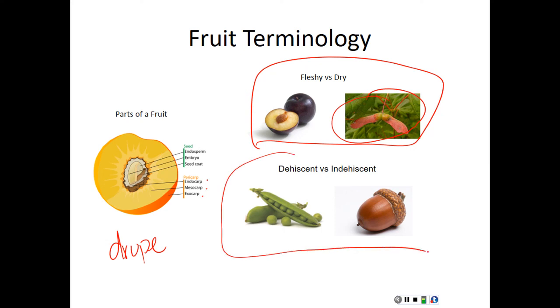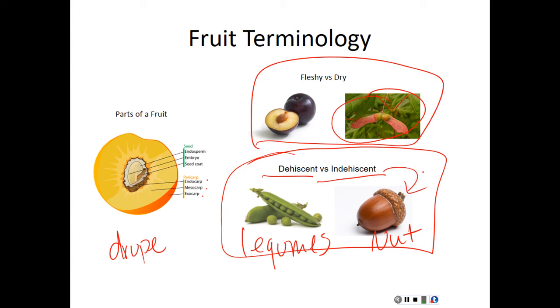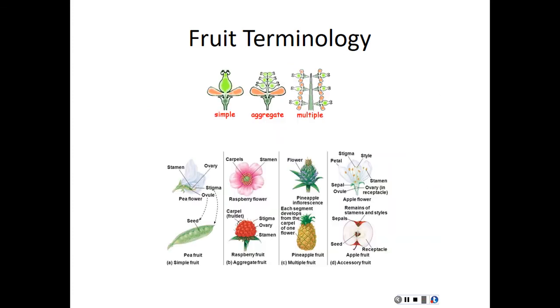Our dry fruits, like nuts and legumes, are both dry fruits, right? We don't have juiciness in that fruit wall. If you are dehiscent, it means that you split open at maturity so the seeds can come out. If you are indehiscent, it means that you do not split at maturity, and you're usually a big pain to get open.